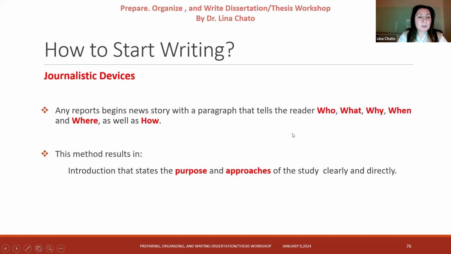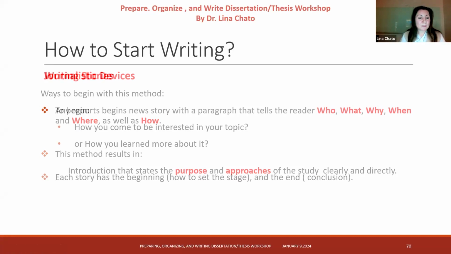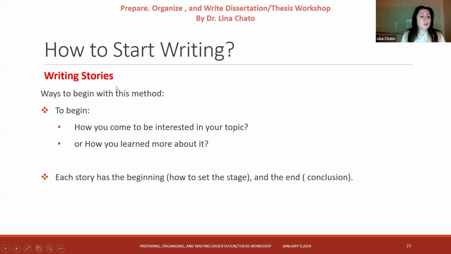Another method to start your writing is the journalistic device. We know any report or news story begins with a paragraph that tells the reader who, what, why, when, where, and how. Okay, so try to answer these questions. Also, we have writing a story.